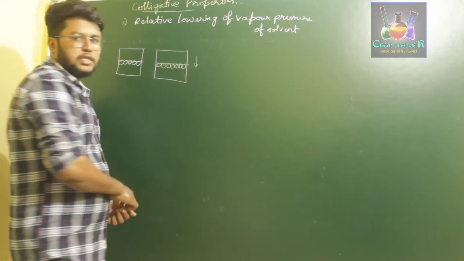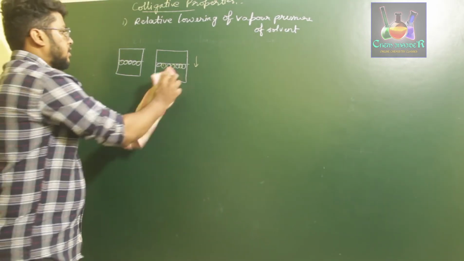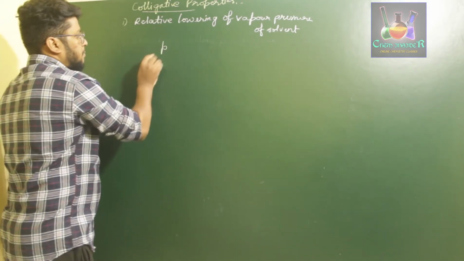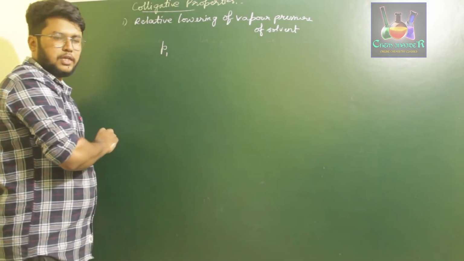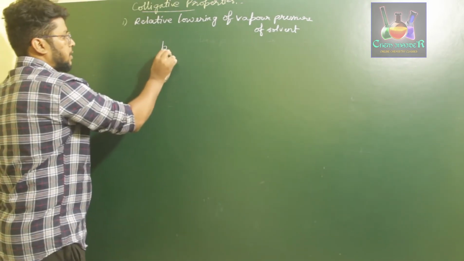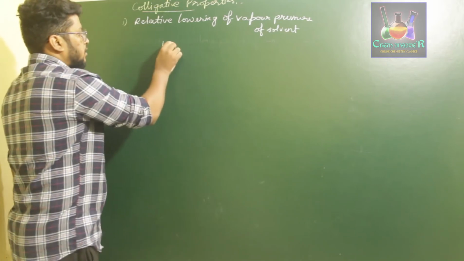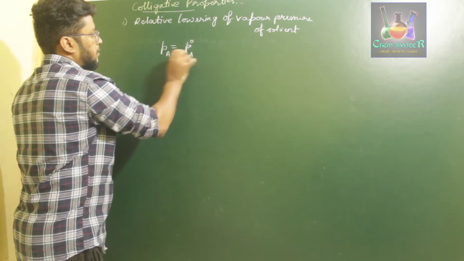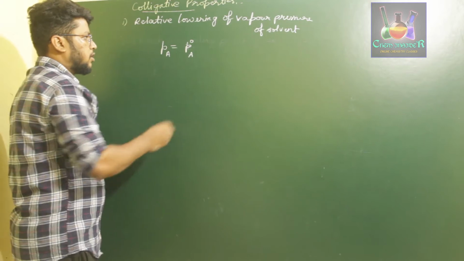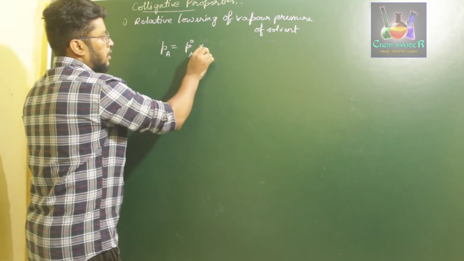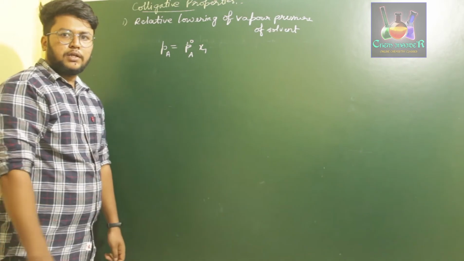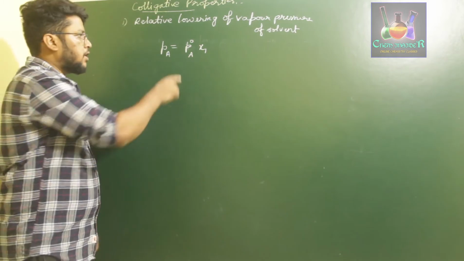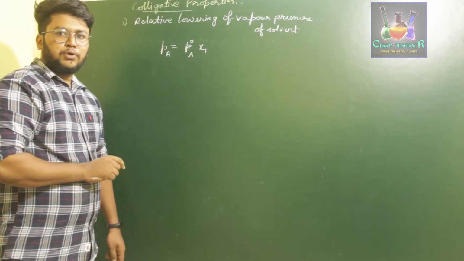So now consider the equation which we observed there, that is Raoult's law, which says that the partial pressure of solvent A is equal to the partial pressure of the pure solvent times X1. The partial pressure of solvent in a solution, PA, is equal to PA naught times X1, where PA naught is the partial pressure of the pure solvent.